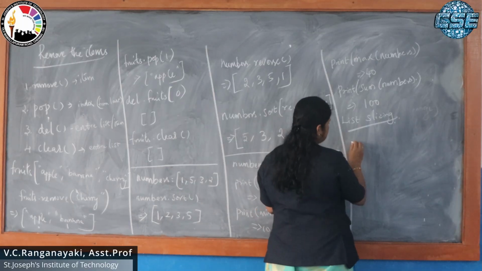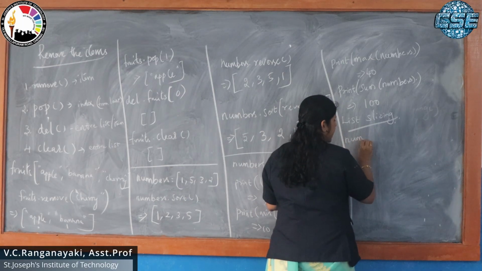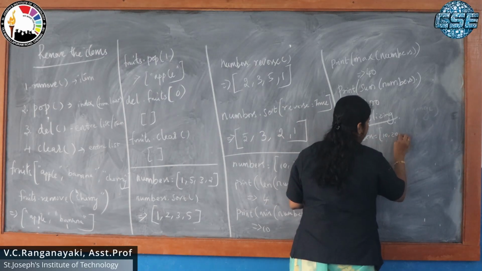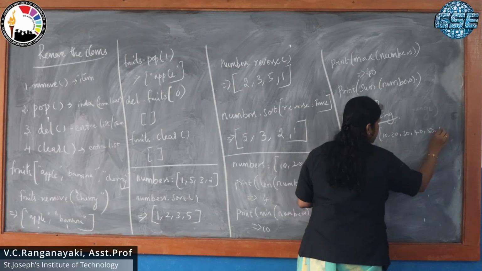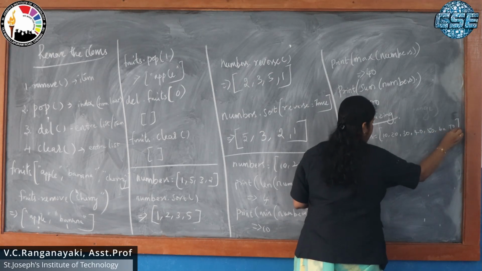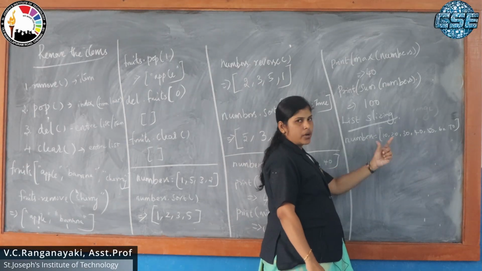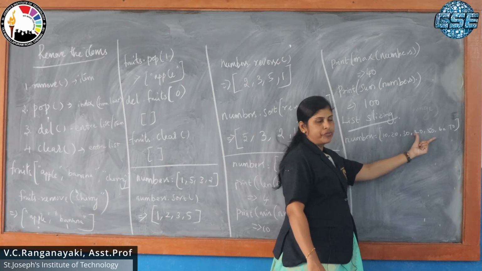For example, I'll take a list numbers equal to 10, 20, 30, 40, 50, 60, 70. These many items I took. I want the items from 10 to 30 or 30 to 50.